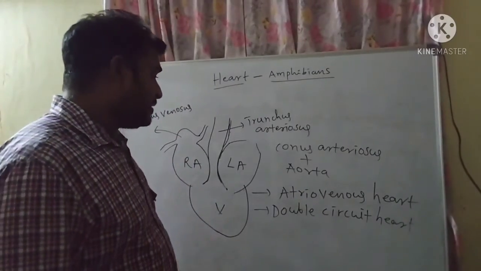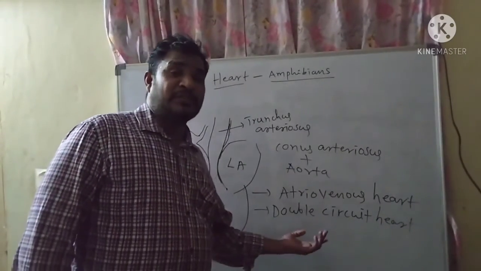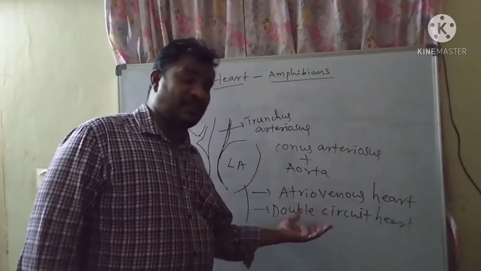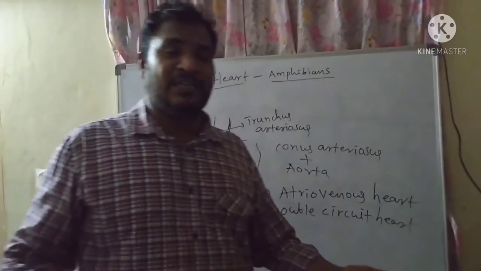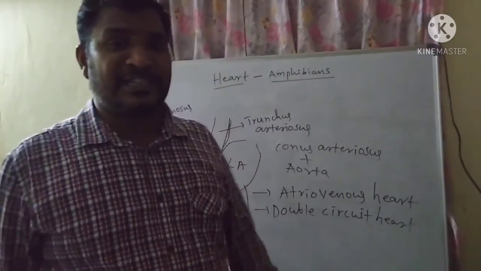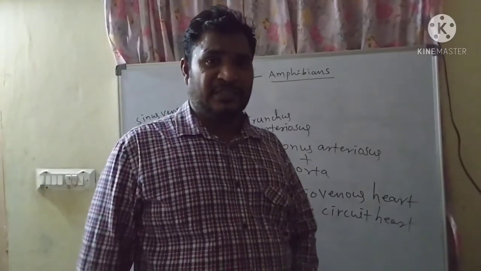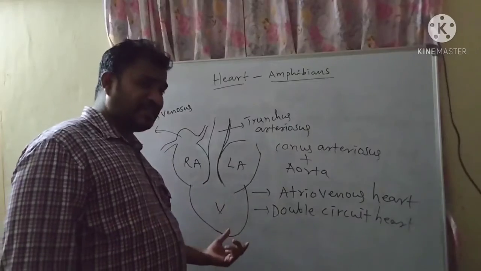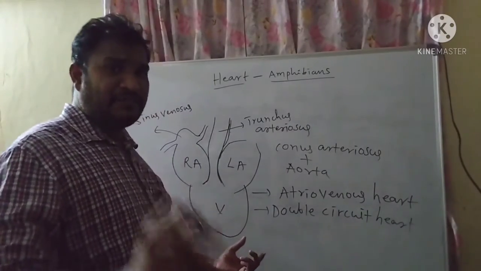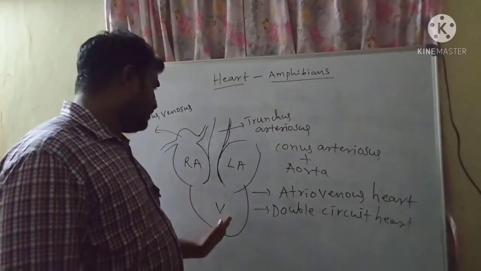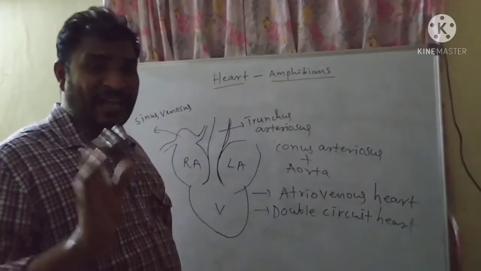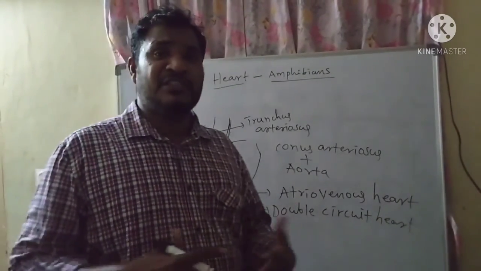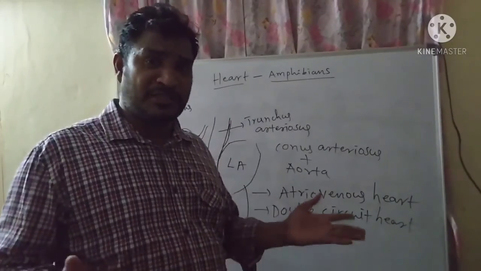So the amphibians have a double circuit heart involved in double circulation, but here it is considered an incomplete double circulation. There is no division inside the ventricle. Only a single ventricle is present. Because of the lack of division, there is no separation between the oxygenated and deoxygenated blood.